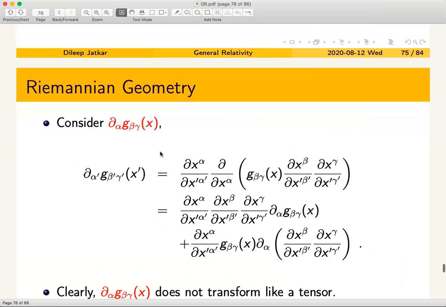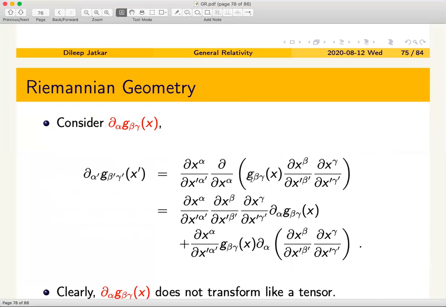Fine. So let's consider one derivative of g alpha beta. If you look at one derivative of g alpha beta and try to do a coordinate transformation, so del alpha prime g beta prime gamma prime as a function of x prime, you can use the chain rule to write down dx alpha by dx prime alpha prime times del by del x alpha acting on g beta prime gamma prime.